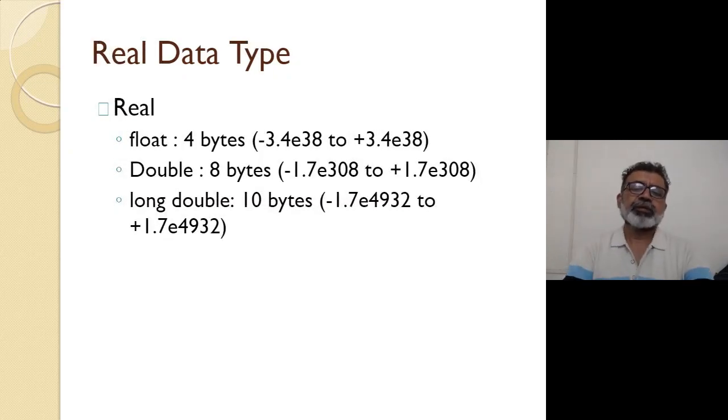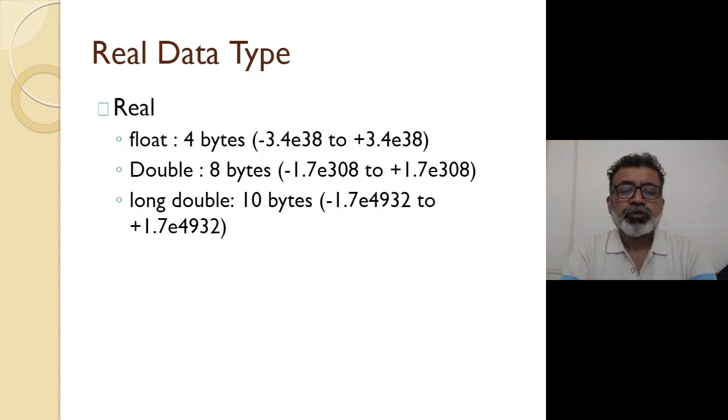Then real data type, we know that float also takes 4 bytes these days, -3.4 e raised to 38 to +3.4 e raised to 38. Double is there as well. There is nothing like signed double or unsigned double. Students sometimes make this mistake. There is no signed float and unsigned float, right?